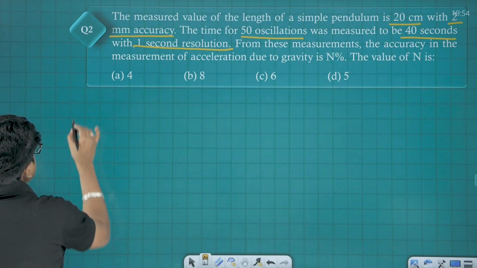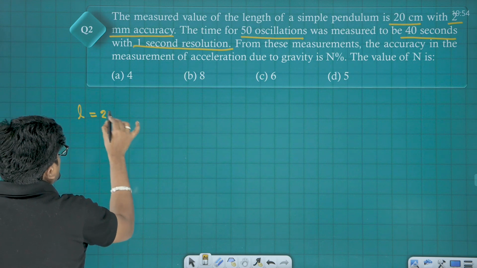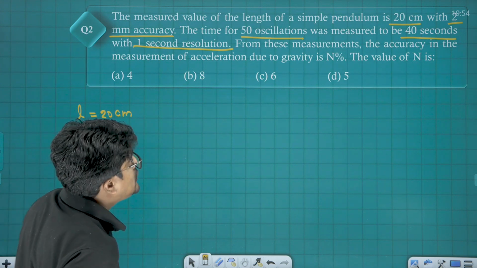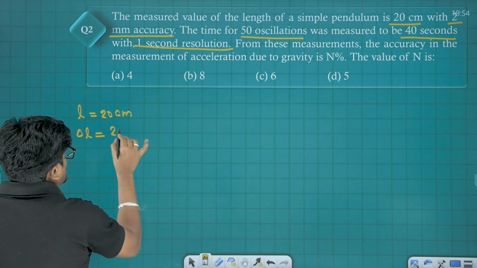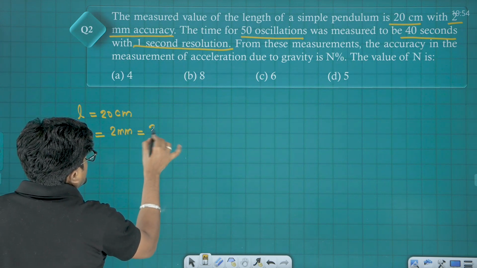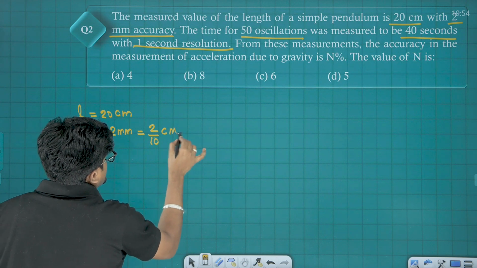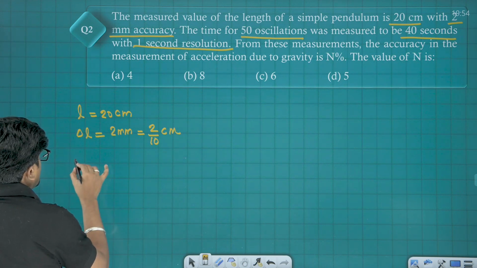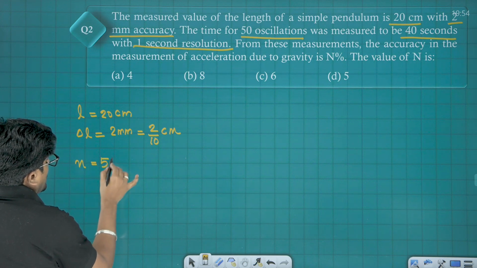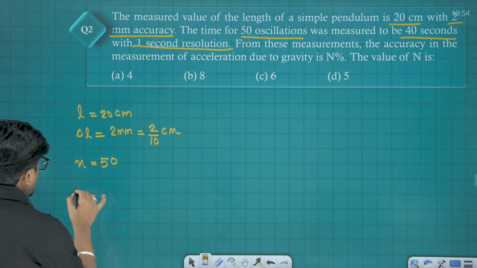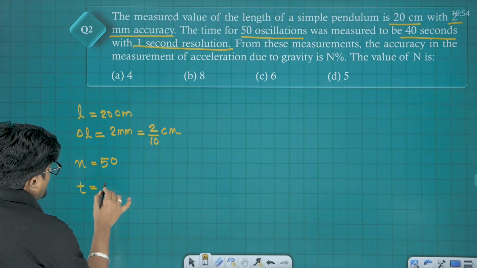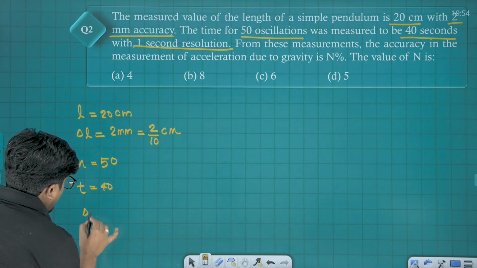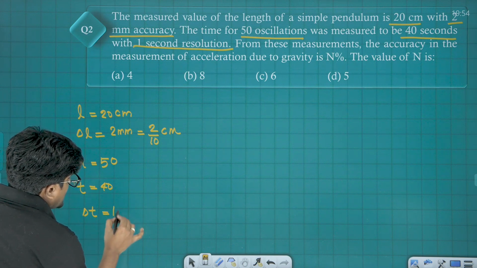So here the length is measured as L equal to 20 centimeter and delta L is given as 2 millimeter, or I can say it is 2 by 10 centimeter. The total number of oscillations is 50, and the time taken to measure the 50 oscillations is 40 seconds. The error in measuring the time is given as 1 second.